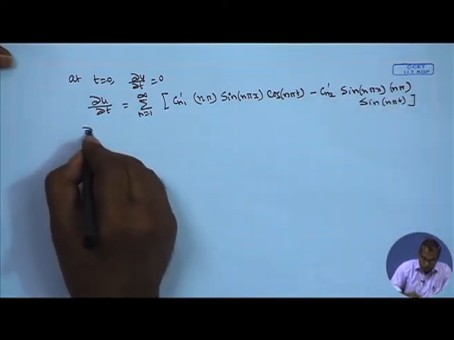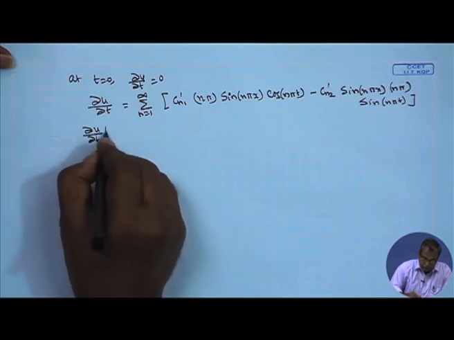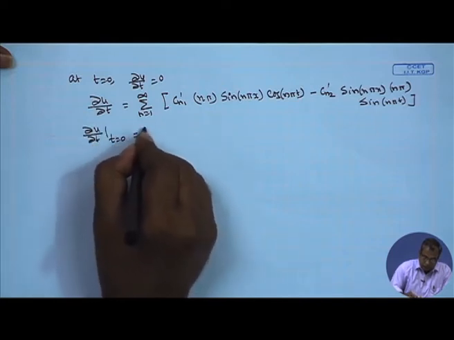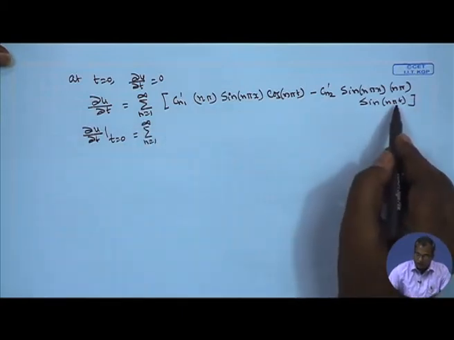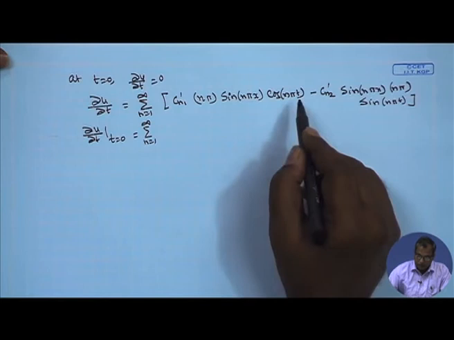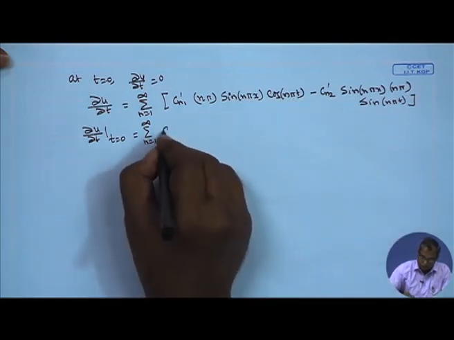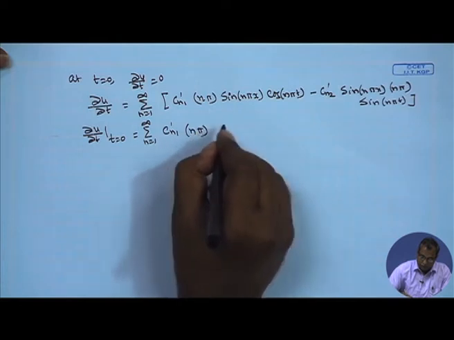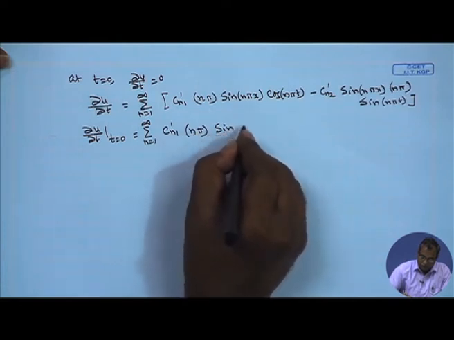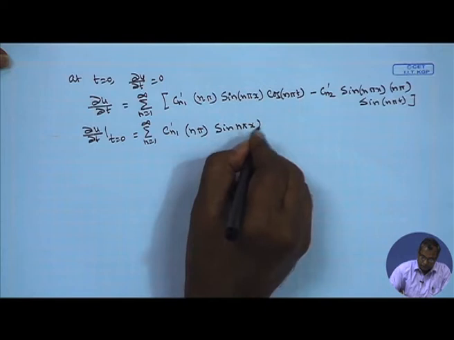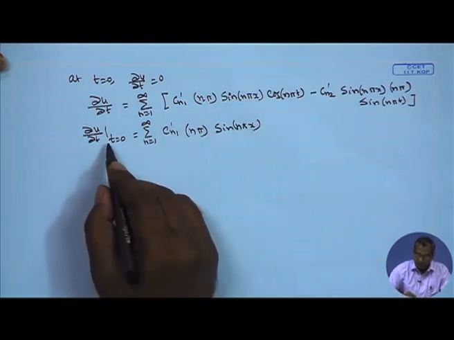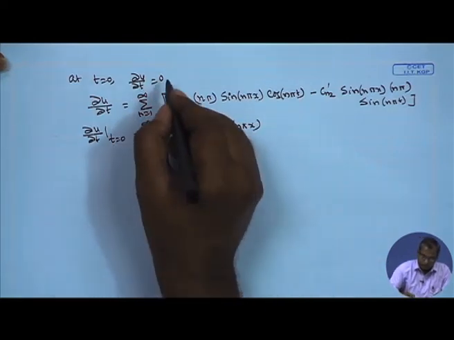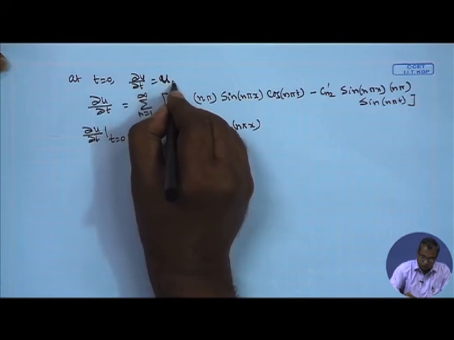We evaluate del u del t at t is equal to 0. If you do that, then this term will vanish because sin 0 is 0 and cos 0 is 1. So, that will survive. So, I will have Cn1 prime multiplied by n pi sin n pi x, and del u del t at t is equal to 0 is u02.